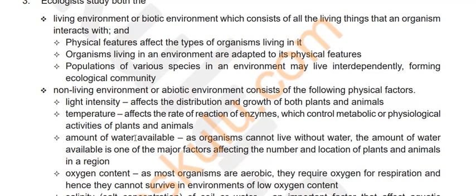Biotic comes from the word biology, from bio, which means life, so living organisms. But abiotic refers to non-living things. We have light intensity, which affects the distribution and the growth of both plants and animals.